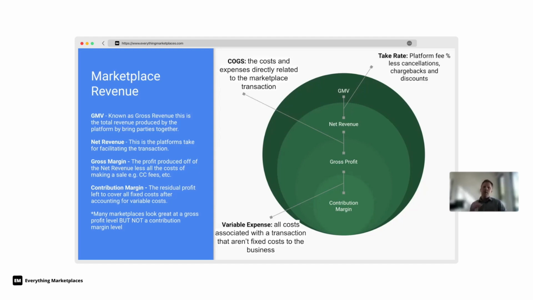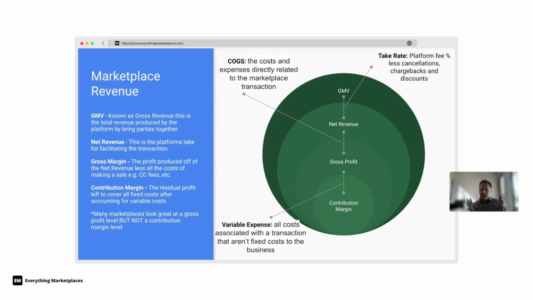Where the rubber meets the road though is gross profit to contribution margin in marketplaces. There are many marketplaces that look great on paper, the gross profit, and then you hit the contribution margin and you're like, ooh, that is not good. And the reason is that contribution margin is less all the variable expenses to make a transaction occur.